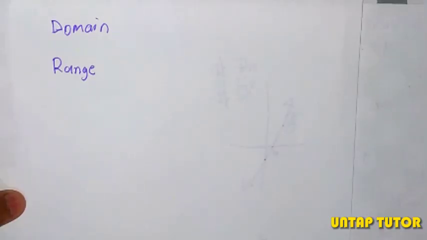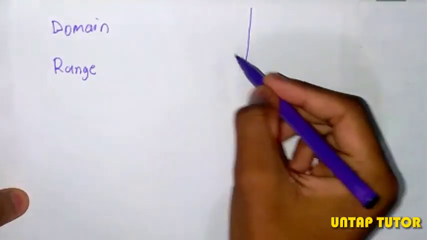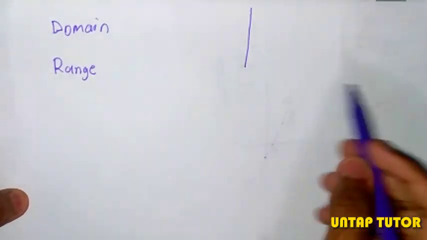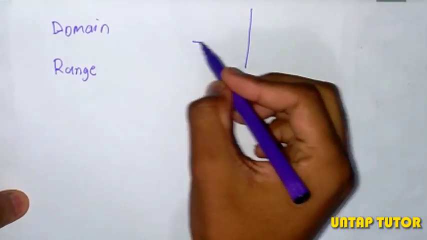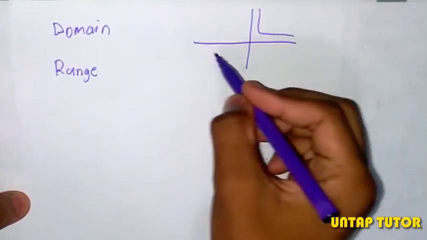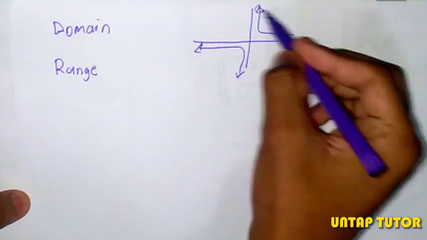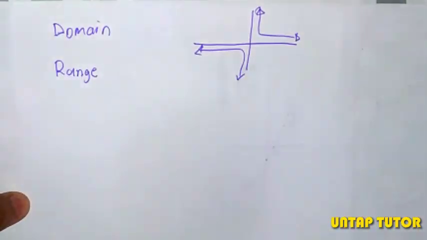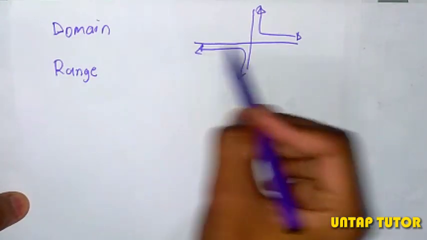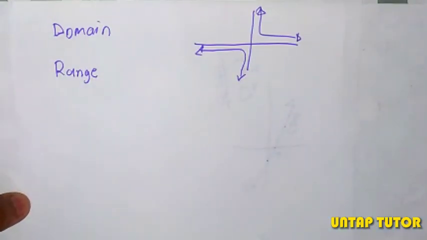A domain is where the graph exists in the x values. So we have something like this. Okay, let's say these are the asymptotes still. So your graph is like this. So when they ask about the domain, you only look at the x values, not the x axis.